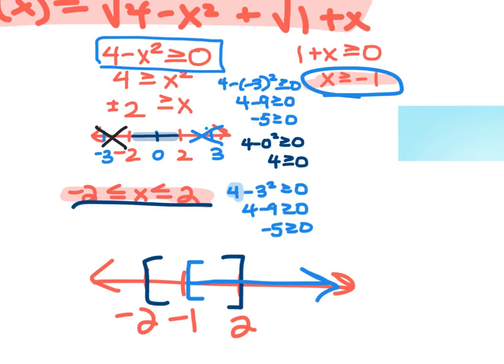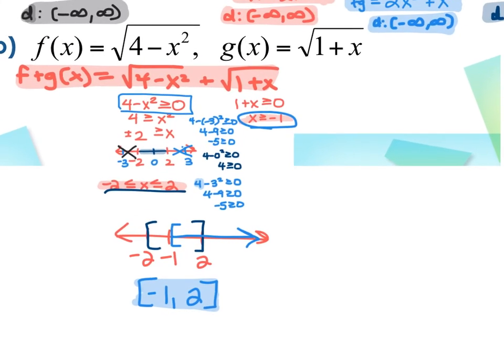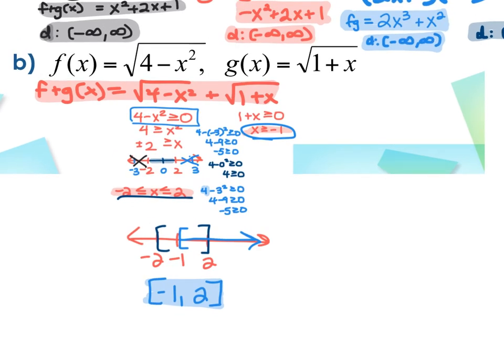Which is where? From negative 1 to 2. Those are the most complicated ones. If you have a quadratic and an inequality, which is what's going to happen when you get a square root. So if you have a quadratic under your square root, that's when you've got to test your points. That's the only time you have to worry about it that way. But it is definitely something you need to understand how to do.